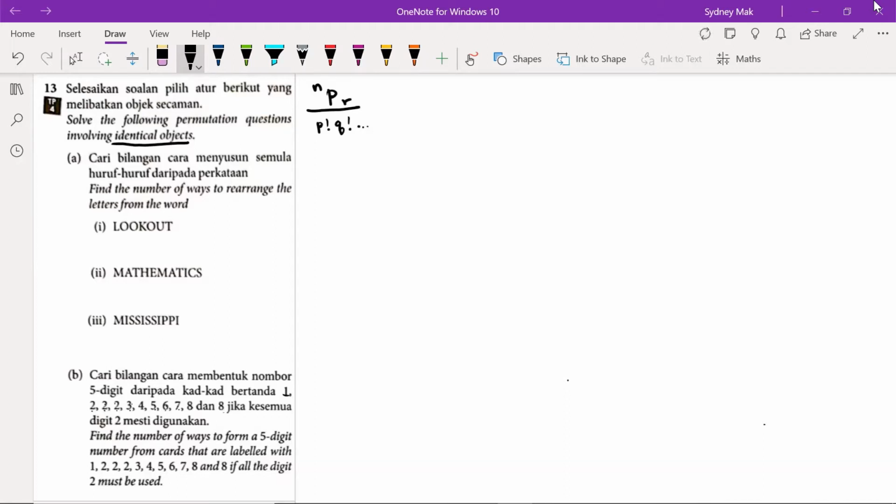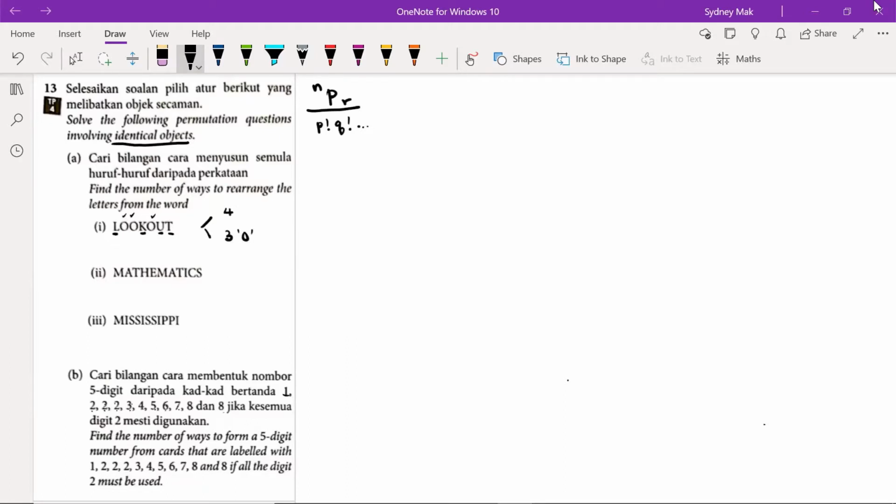So let's look at part A, part 1. We need to rearrange the letters that make up the word LOOKOUT. Out of this, we have 1, 2, 3, 4 other letters, plus 3 repeated letters, 3 O's.